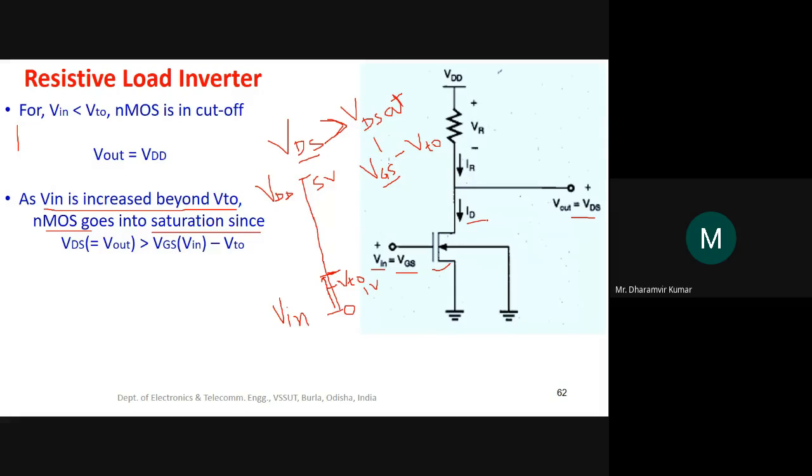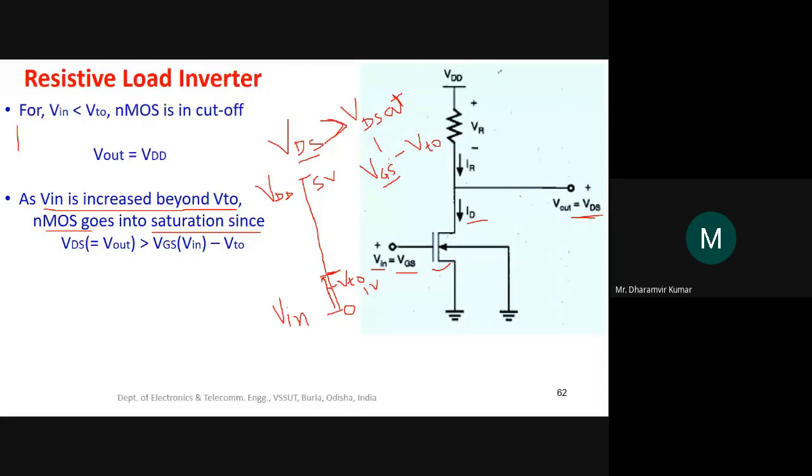When current is flowing through this device, the output voltage will rise, and we can very safely assume that the output voltage, VDS, would be greater than this particular range, which is VGS minus VT naught. We have not increased the input voltage above the threshold voltage by a big amount.